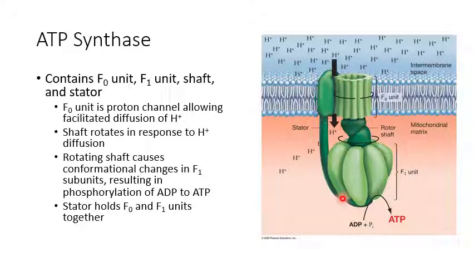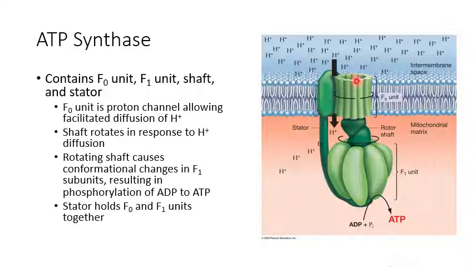And then also connecting those two units, you have the stator. The stator and the F0 unit are embedded in the membrane, and part of the stator is sticking out, of course, and the shaft and F1 unit are sticking into the mitochondrial matrix if this is a eukaryote, or sticking into the cytosol if this is a prokaryote.